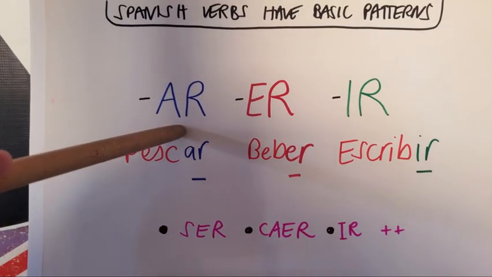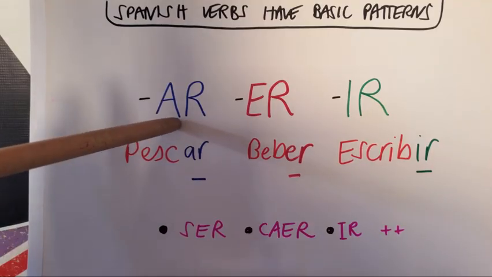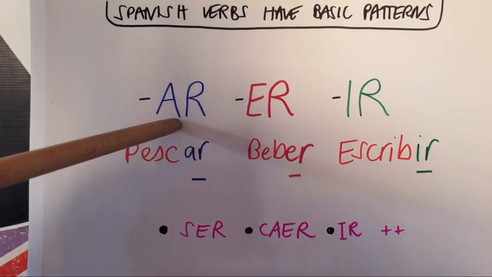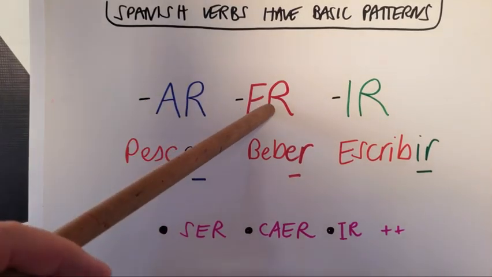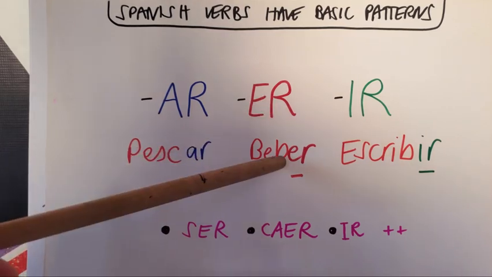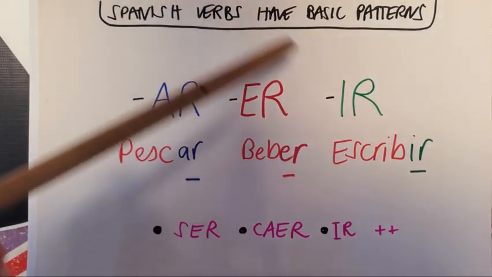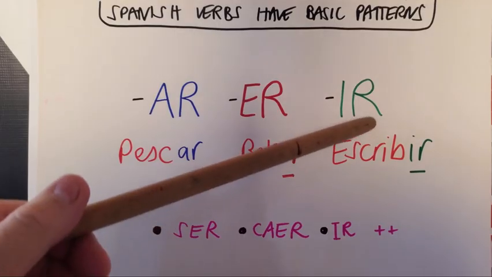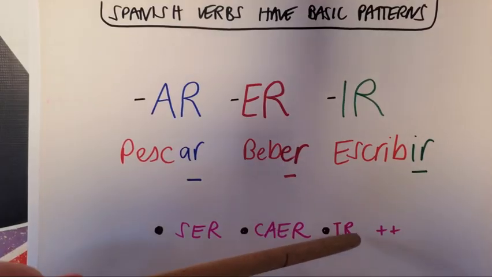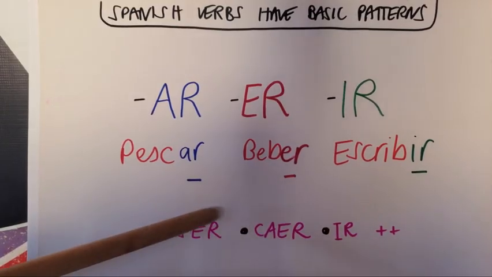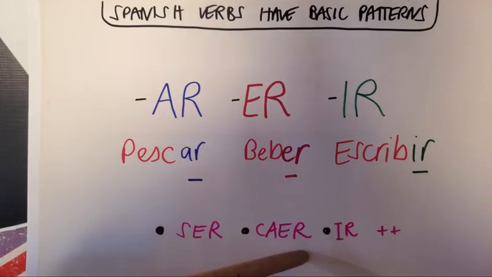So perhaps I ought to have said 55% of verbs are AR, 30% are ER, like 7% IR, and the rest are irregulars like ser, ir, and caer, although ER is irregular.